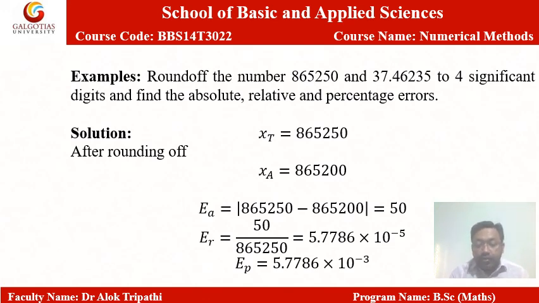So we have here 5.7786 into 10 to the power minus 3. So these three are our absolute, relative and percentage error when we have rounded off the number 865250 to 4 significant digits. I am leaving the next number to you as an exercise.